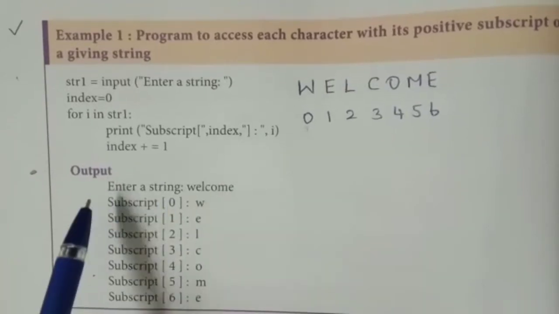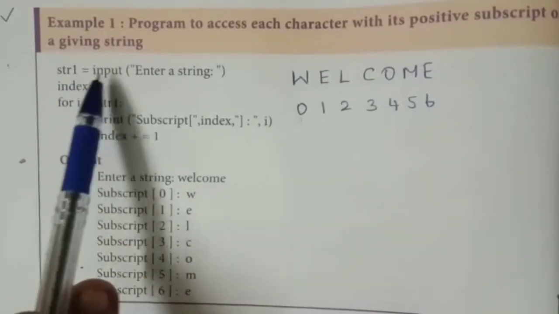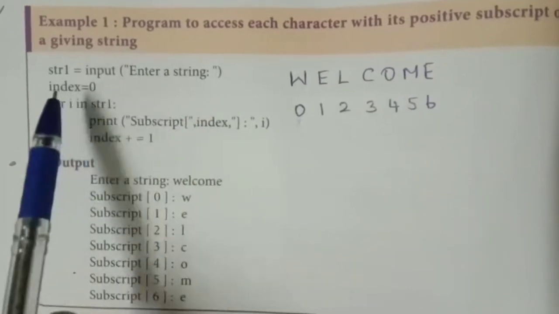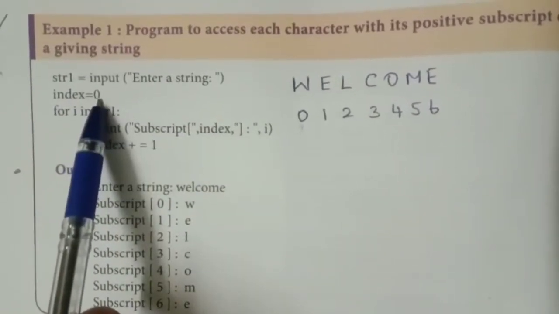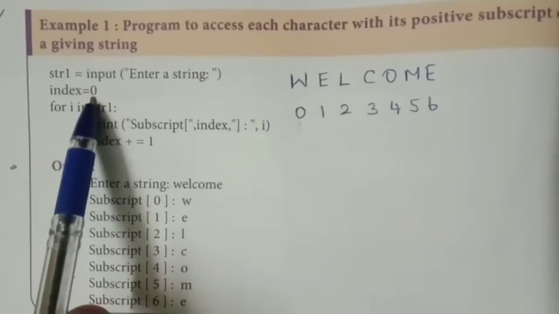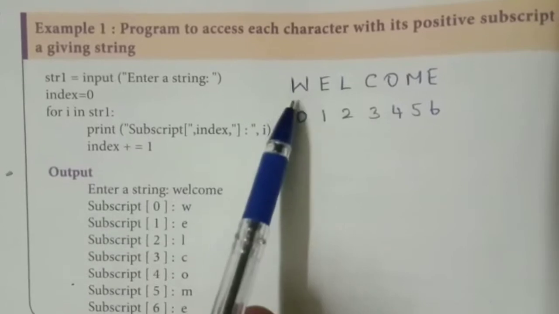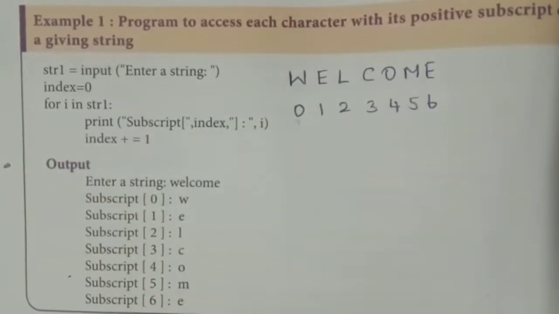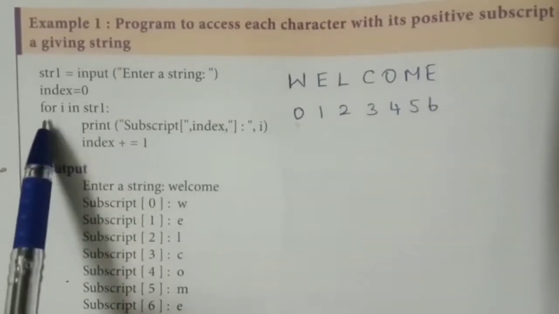Now look at this example. str1, you are entering a string. At the execution time, index is equal to 0. Always the subscript index value starts with 0. Now you are going to check each and every character. We are going to repeat something again and again, so we have to use a for loop.